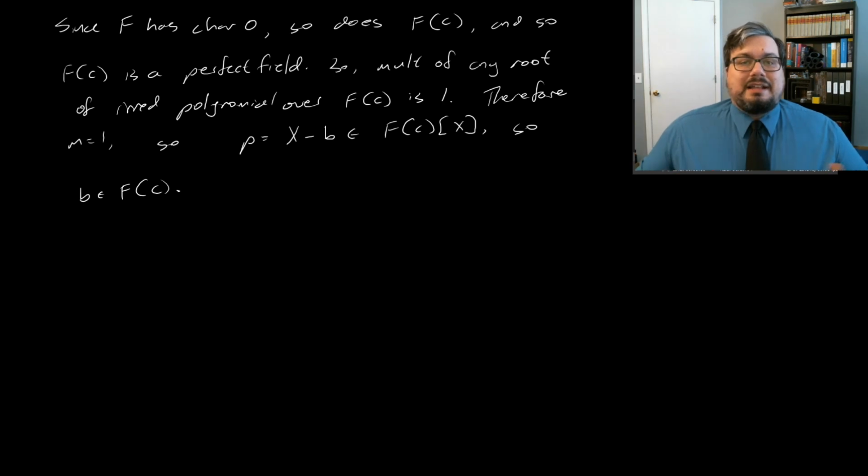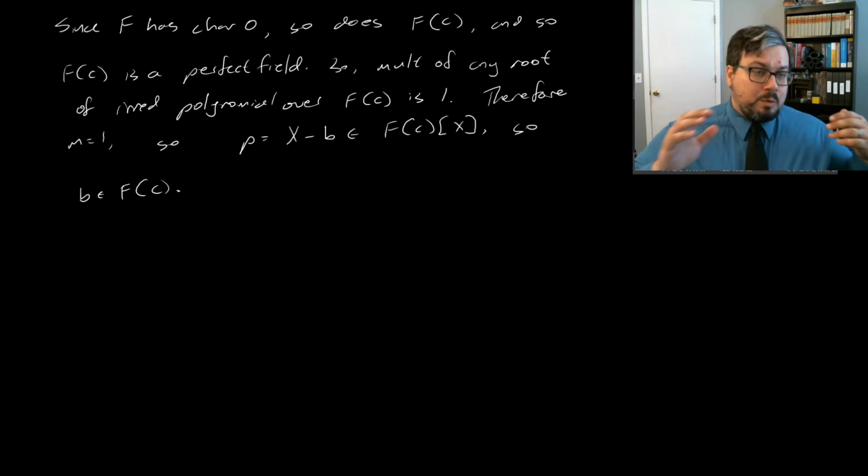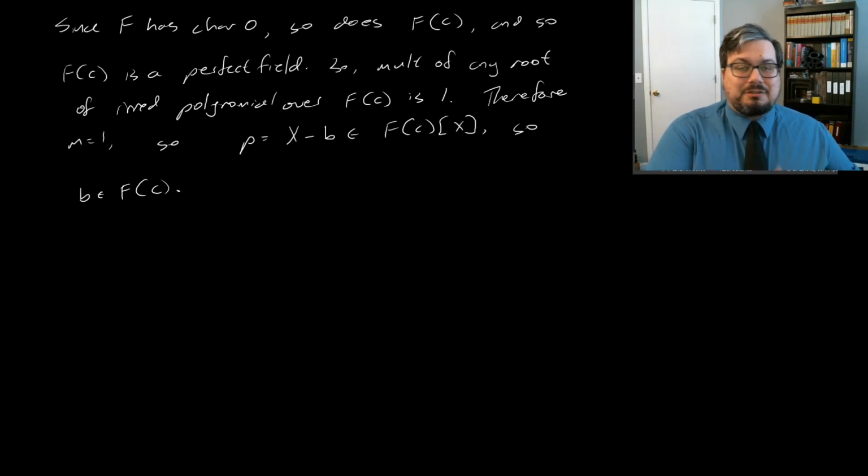Now here again, as I mentioned, this is where we need f to be characteristic 0 as well. Before we used the fact that f had characteristic 0 to conclude that f had infinitely many elements. Now, we could, of course, just replace the characteristic 0 condition with the assumption that f is an infinite field in order to make that part of the process work. That's fine.